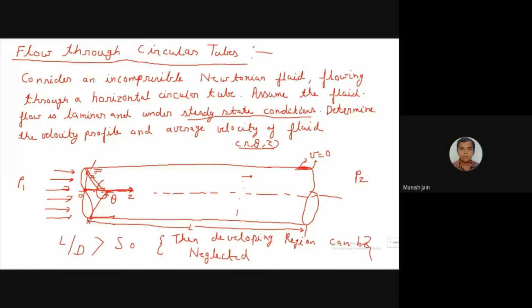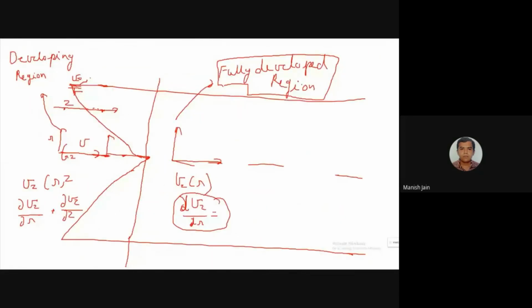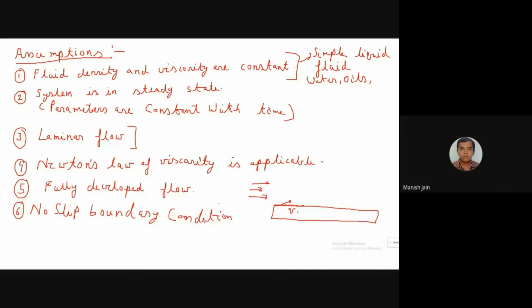Okay, so here you can neglect the developing region because L by D is greater than 50. So this part is very small compared to this part. The developing region is very small in comparison to the whole length of the pipeline. So you can neglect it easily. Okay, समझ में आ गया?